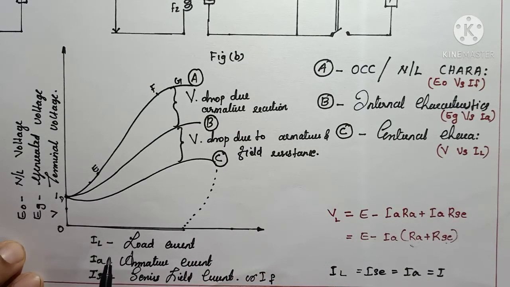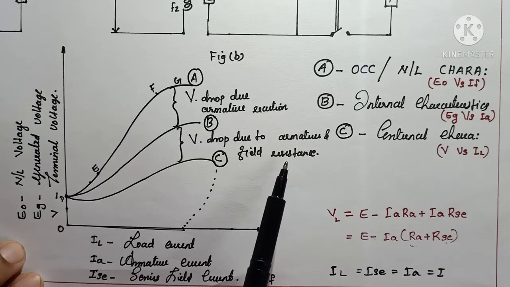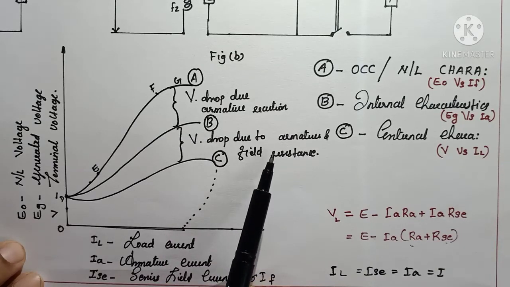Because if the load increases gradually and the load currents are very high, that will definitely increase the armature reaction and the terminal voltage will decrease, because the terminal voltage depends on the armature reaction and the voltage drop due to armature and field resistance, but these drops will be almost constant.